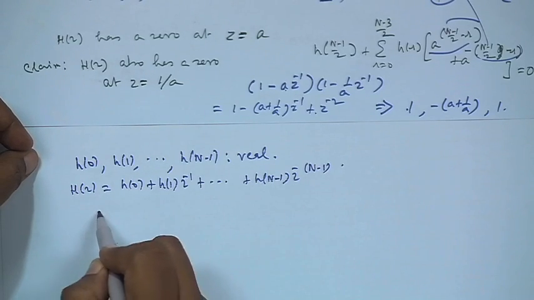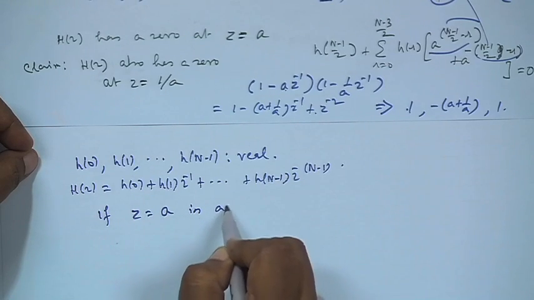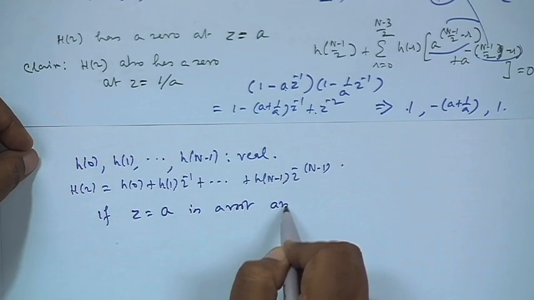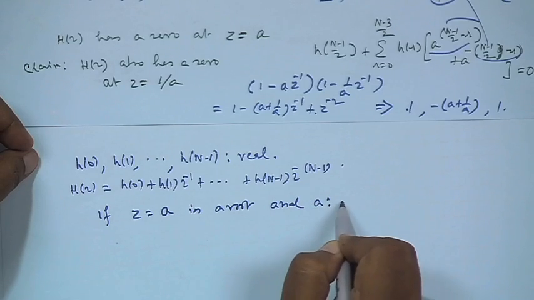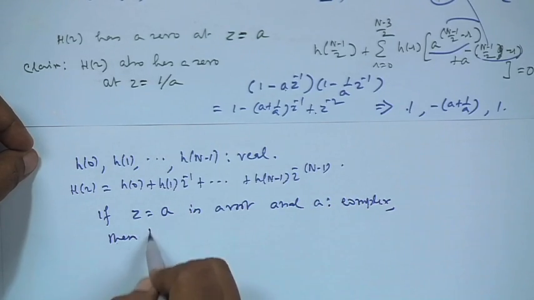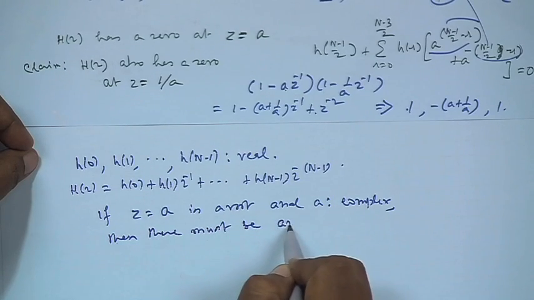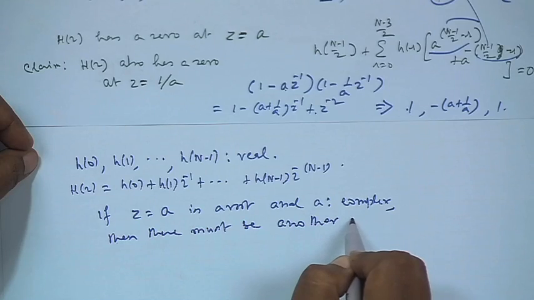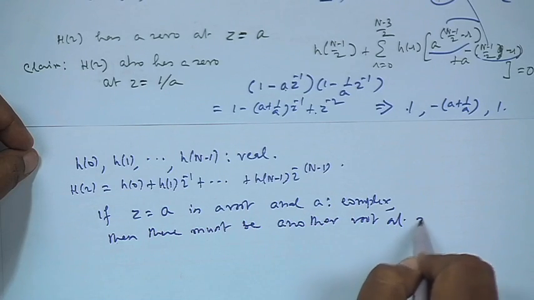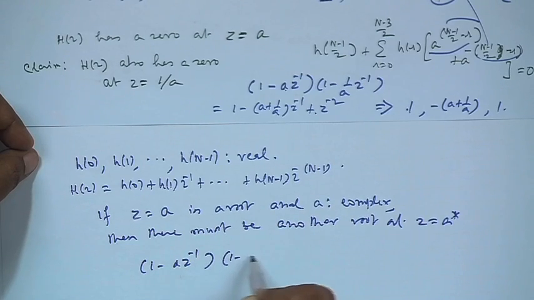Now, if z equal to a is a root and a is complex, then there must be another root at z equal to A star, the conjugate of A, and then you will have the product, one factor with A z inverse, another with A star z inverse.